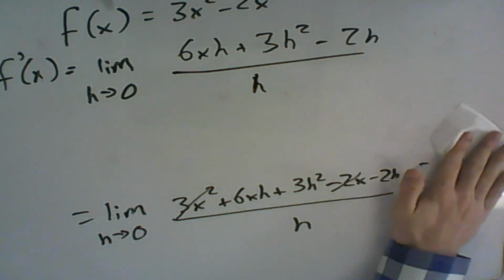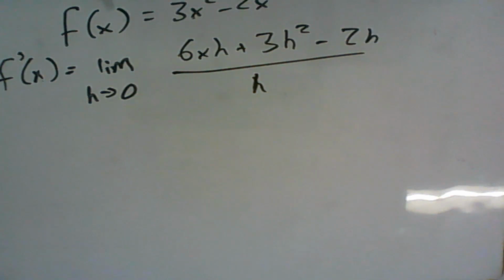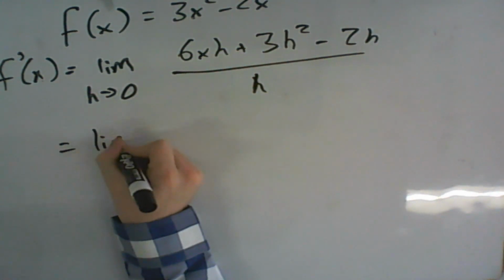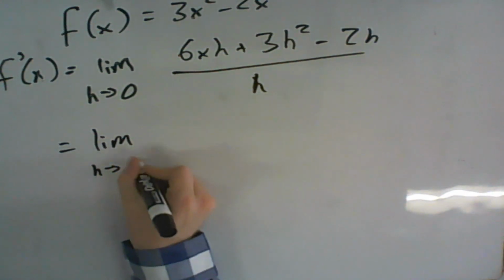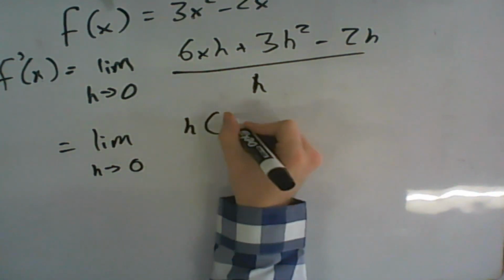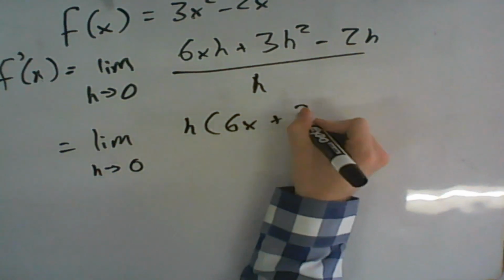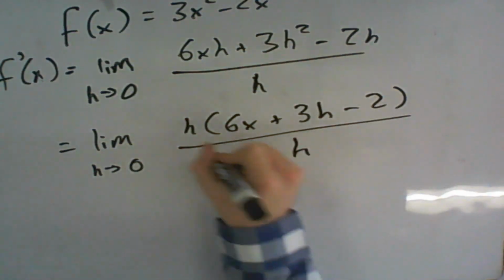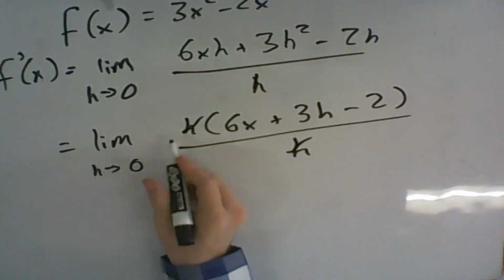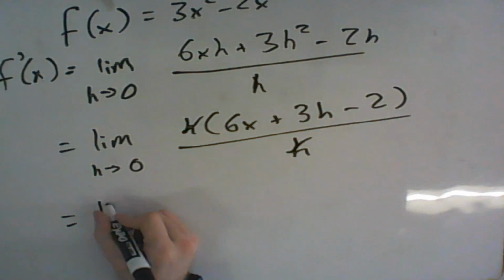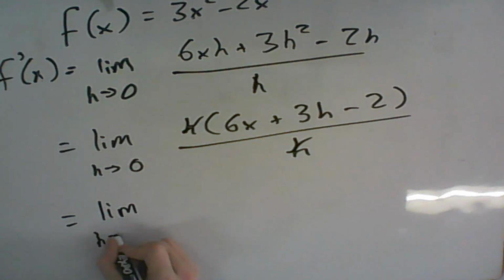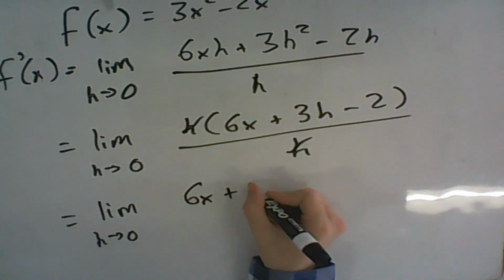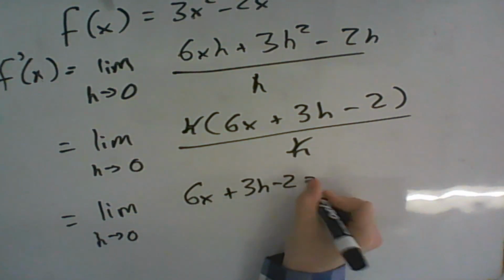So we're going to factor out h. We get the limit as h approaches 0 of h times (6x plus 3h minus 2) over h. Remember, we can divide out things, so we divide out the h. We get the limit as h approaches 0 of 6x plus 3h minus 2.